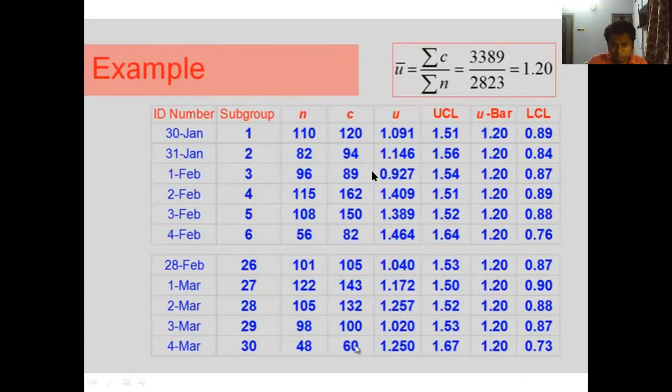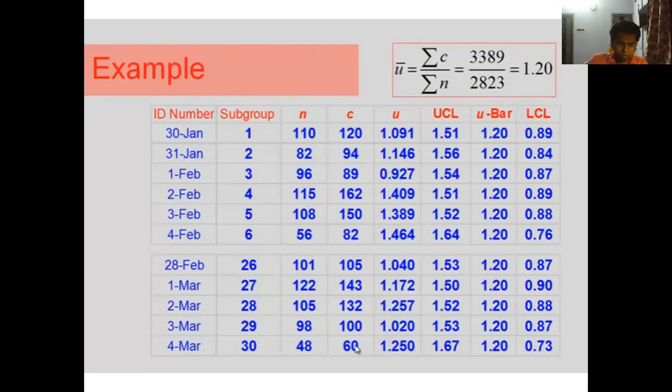And this is U. It is just like the fraction defective that you have seen in the P chart, but here it is not defective, it is defects. Technically speaking, you cannot call it fraction defects, because it can be more than one. It is actually a measure of non-conformities per unit.